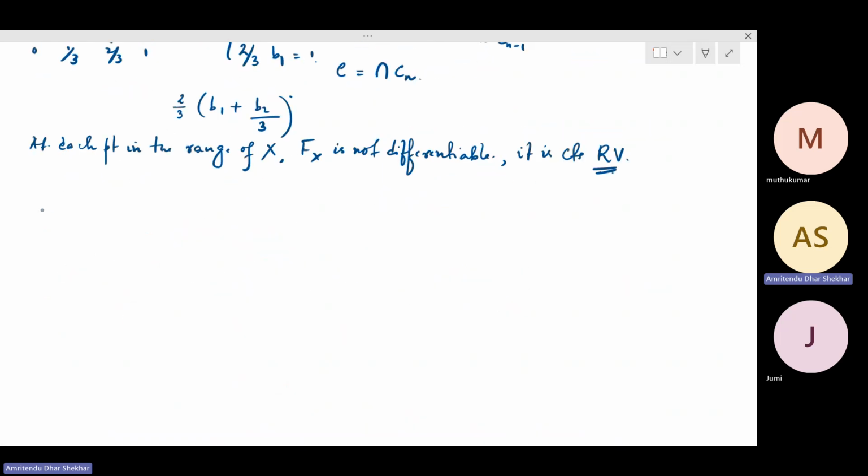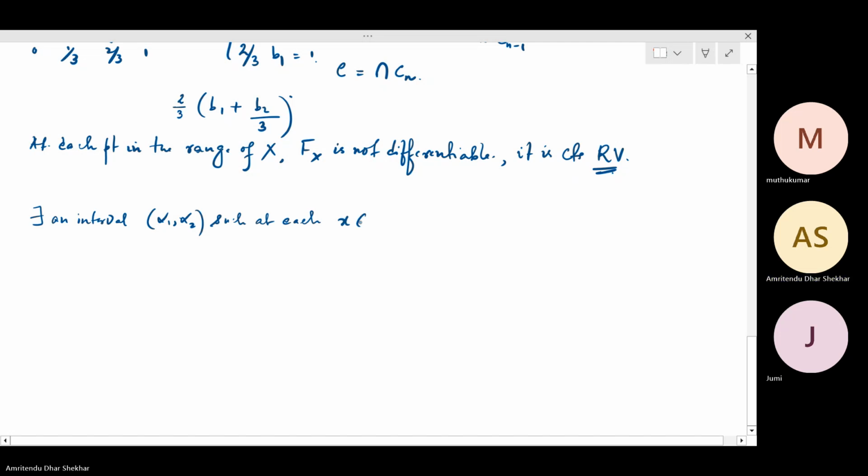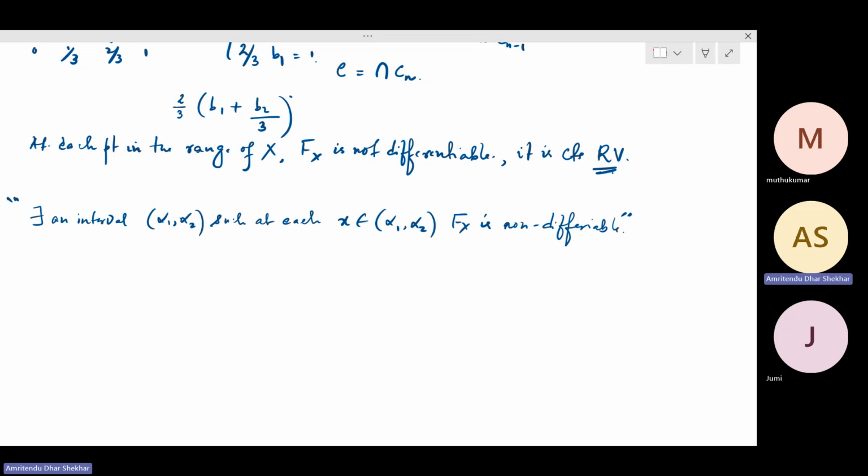There exists an interval from alpha 1 comma alpha 2 such that at each x in alpha 1 comma alpha 2, f of x is non-differentiable. So this is basically the condition.